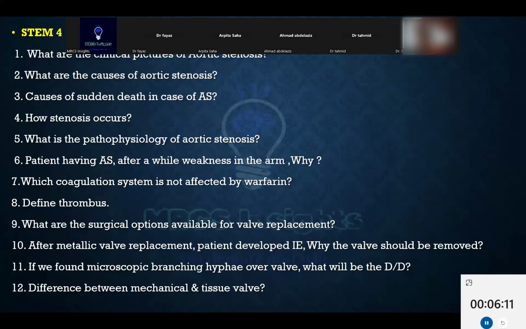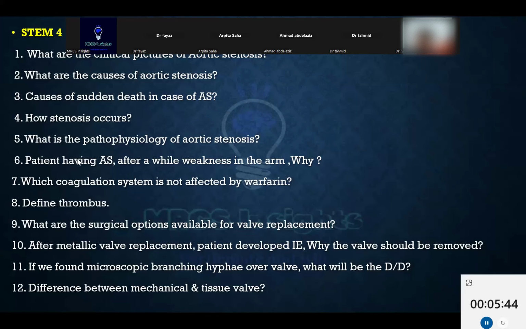Is there any pressure change in the pulmonary vascular system? Yes, it may cause retrograde blood flow into the lung vasculature, causing pulmonary hypertension. Okay, and also back pressure. Yes, back pressure.